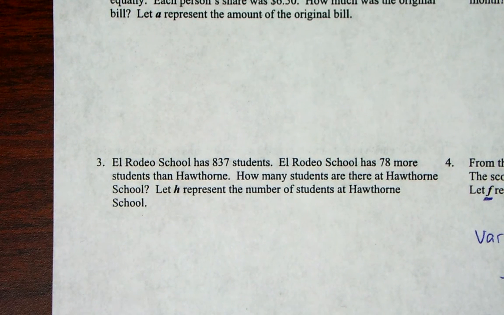El Rodeo School has 837 students. El Rodeo has 78 more students than Hawthorne. How many students are there at Hawthorne School? Let H represent the number of students at Hawthorne.